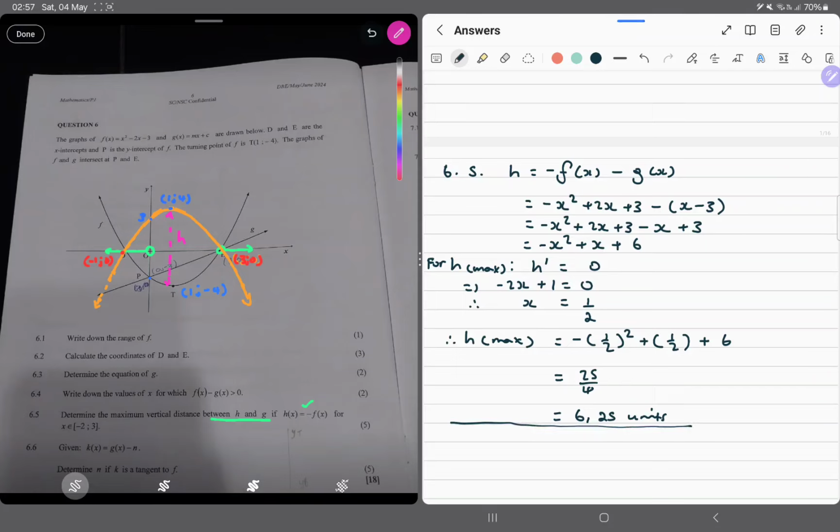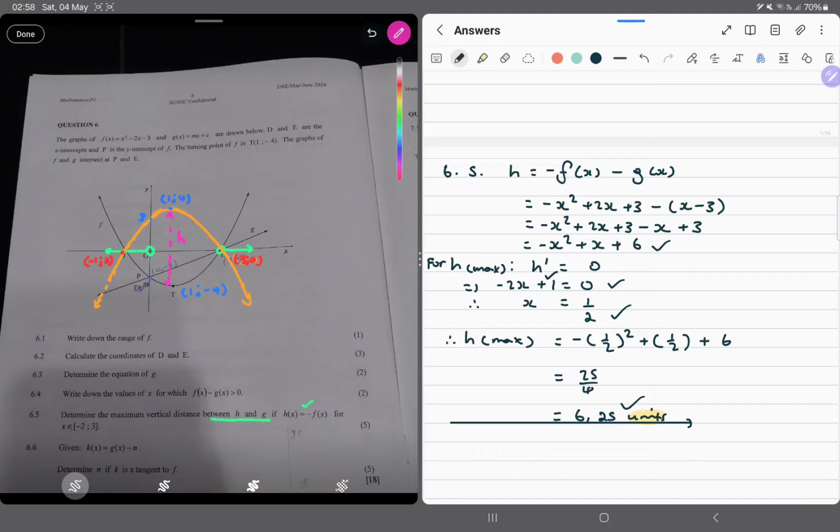Now this is a distance, so if one leaves out that unit of measurement, one loses marks. First of all, this is a mark to get this composite function, and to know that this needs to be equated to 0, and the actual differentiation, and finding the x value, and eventually finding the distance.